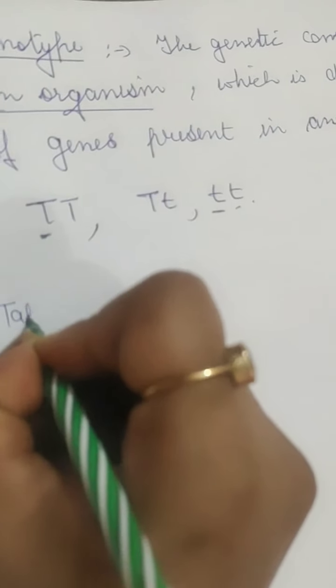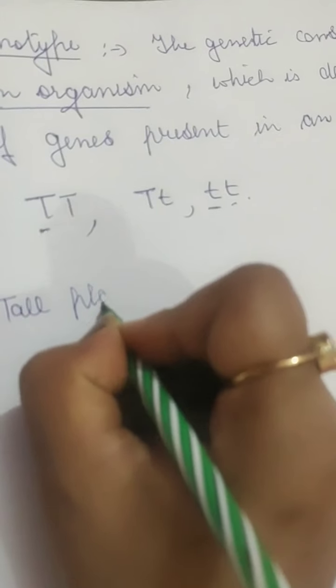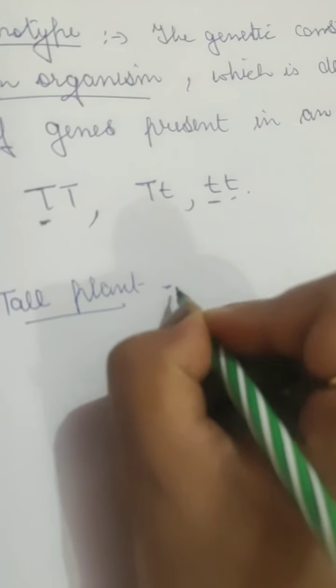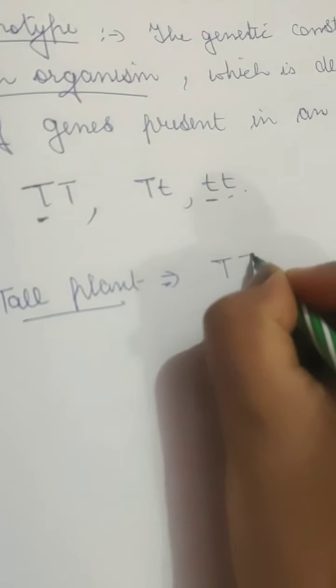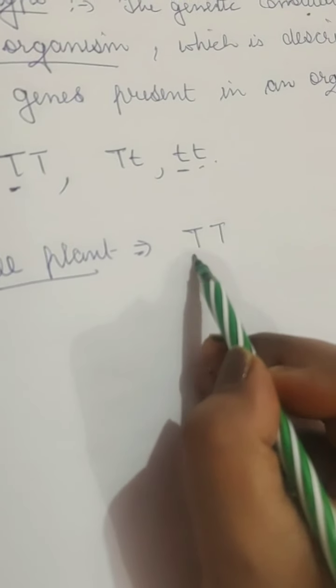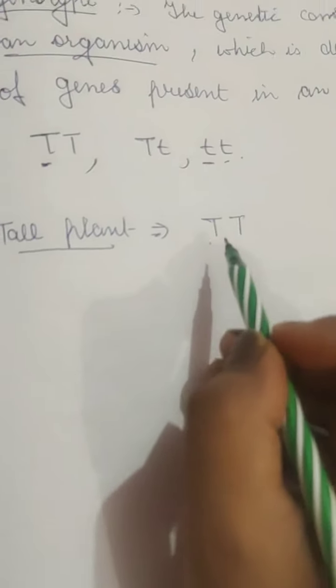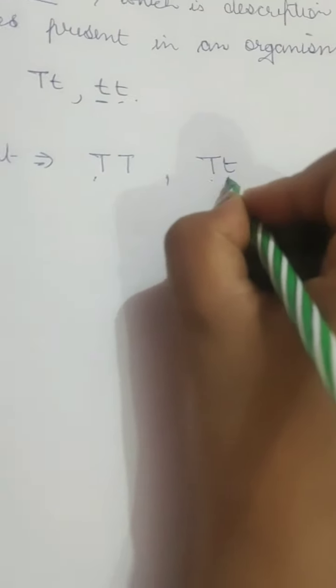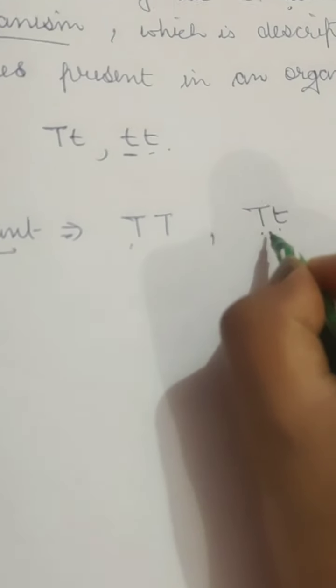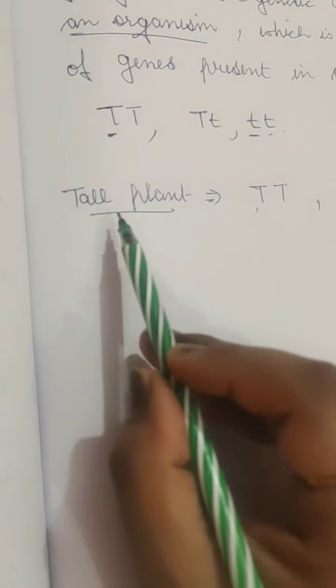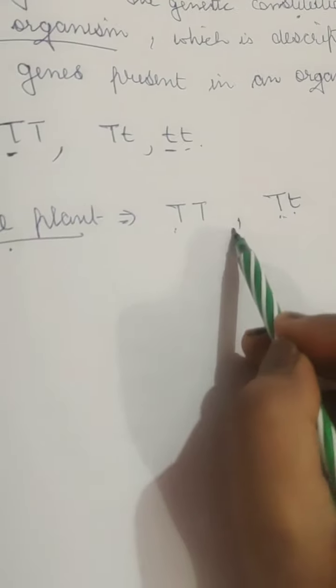So for a tall plant, the genotype will be TT, because both genes are dominant, so obviously the plant will be tall. Or it could be Tt, where this is a dominant gene and this is a recessive gene, so obviously the plant will be tall. So this is the genotype of a tall plant.